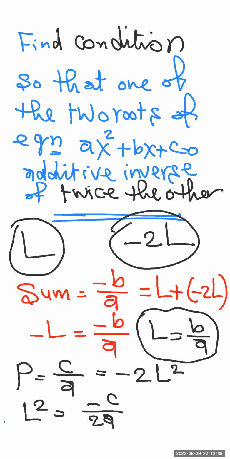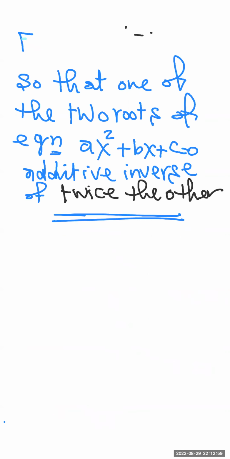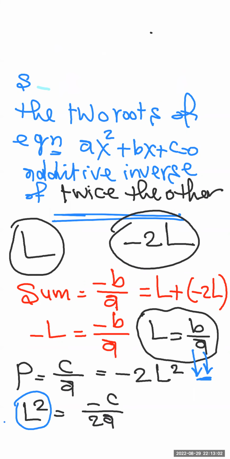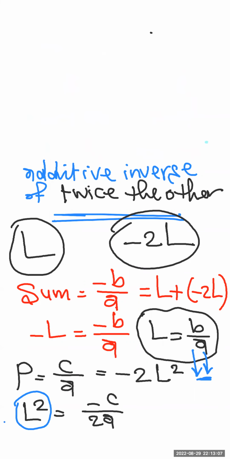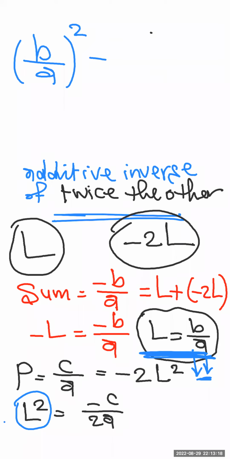Now we use the value of L, this one, to substitute in L squared. I'm going to clear this part on the top. So now L squared means (b over a) to the power 2, this one, equals negative c, this one, over 2a. Okay, I want to get a condition, so use cross multiplication.